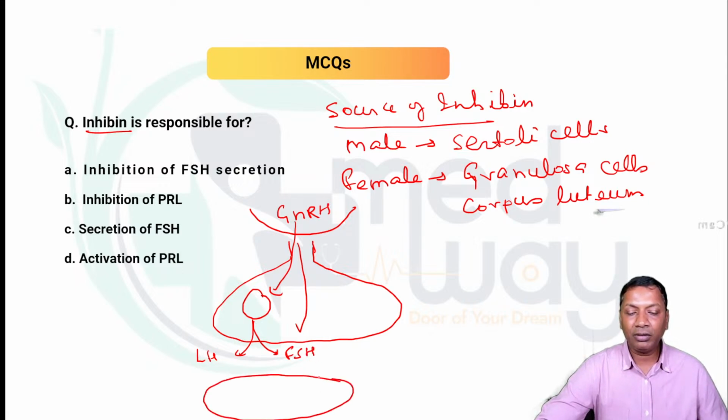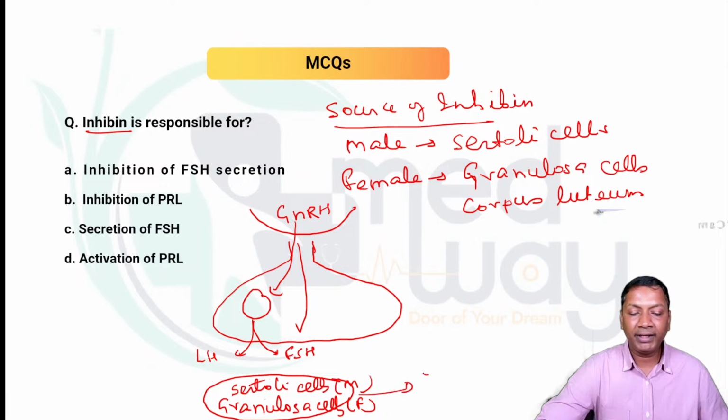So it will act on the target organ: the Leydig cells or Sertoli cells in the male, or the granulosa cells in the female, and they will secrete the hormone inhibin.